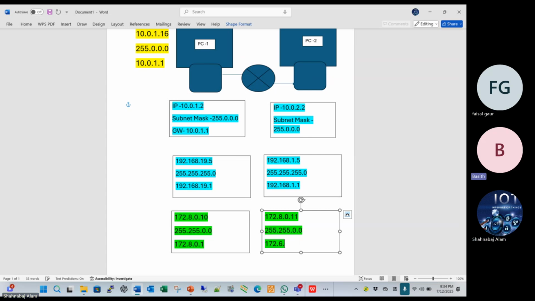I am assigning this IP to PC2 as the gateway, so PC1 and PC2 will communicate, right?